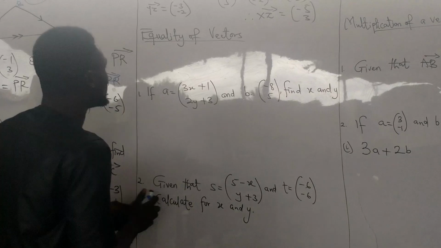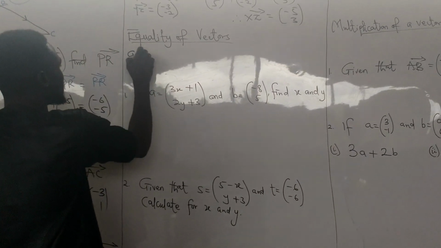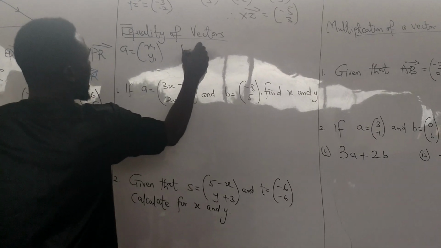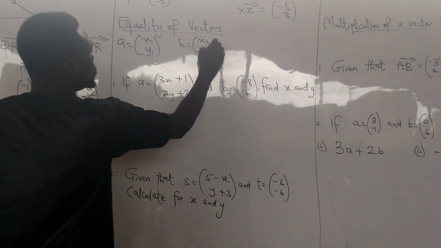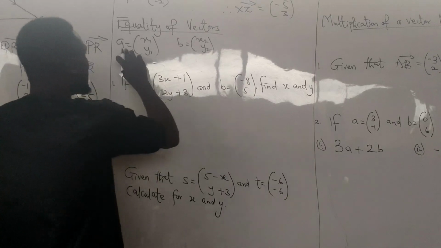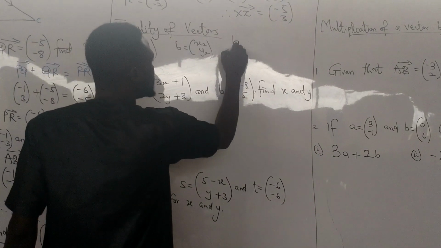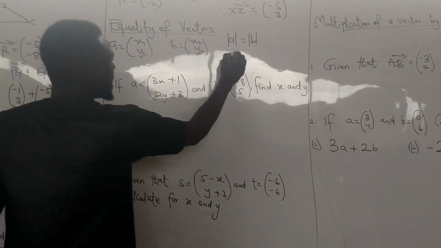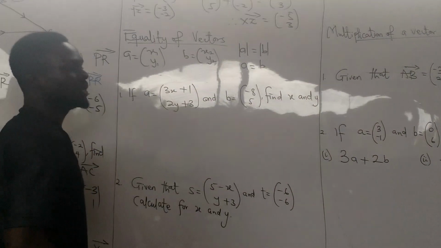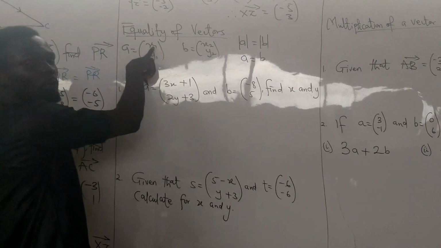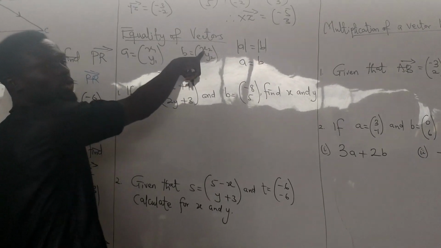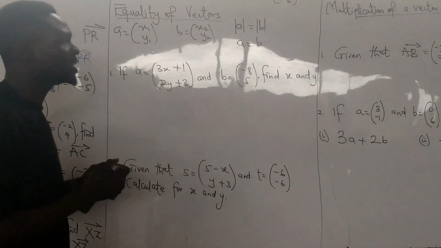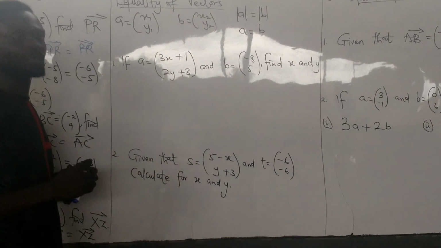So if I have vector A as (x1, y1) and B as (x2, y2), and A and B are equal, their magnitudes are also equal. So the x component is the same as this x component, and the value for this and this are the same. So you just equate them and go.